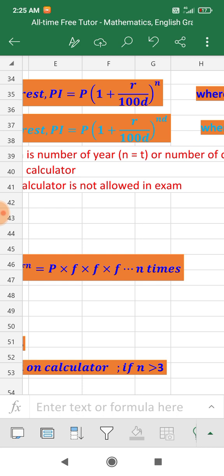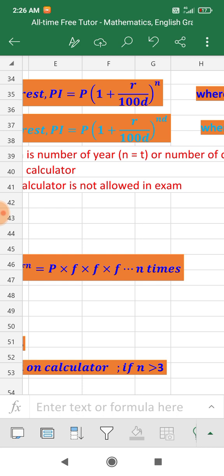Maybe the question will not be given so tough to calculate these values. Maybe it will be given with much simpler numbers so that we can do simple calculations which are possible in the exam hall.